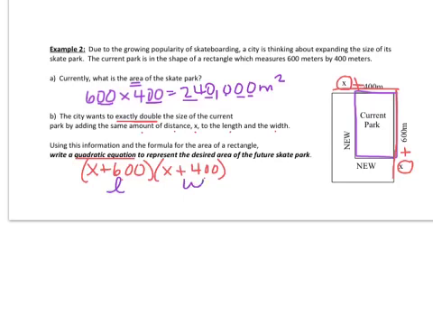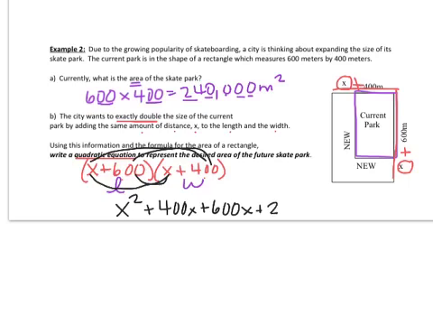Well, we know how to FOIL, and that's beneficial to us here because we're going to take our first terms, we're going to take our outside terms, multiply them together, and that's an x there, and then our inside terms and our last terms. We already know that 600 times 400 is 240,000.